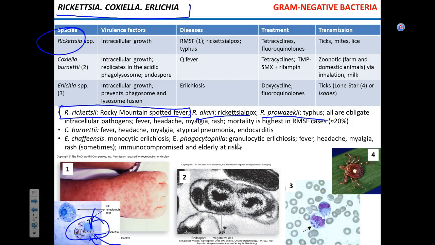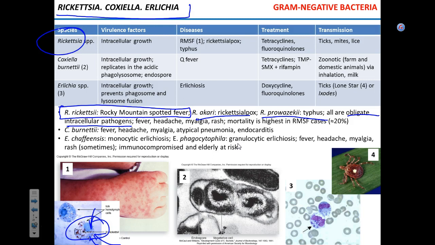Now they all have something very similar between them. First, they all are obligate intracellular parasites. Rickettsia cannot reproduce outside of the cell. You cannot grow it on the agar plate. Does that make sense? You see what I'm trying to say? It has to reproduce in the cell.